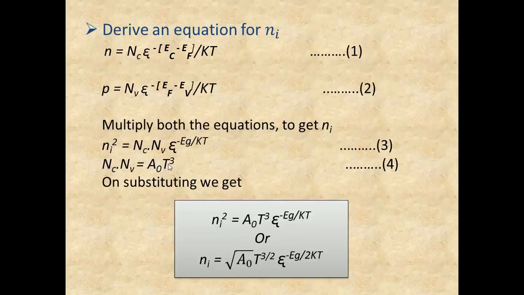So I have replaced 4 into 3, and on substitution we get this. Or from the left hand side, if I remove the square, here the root is coming over A naught, and T to the power 3 becomes T to the power 3 by 2, and everything remains the same. So remember this formula, it's important.